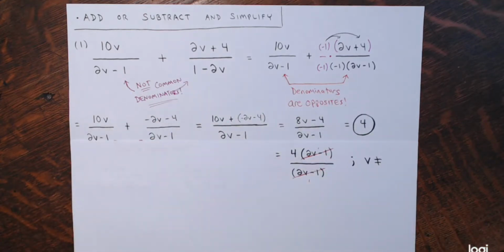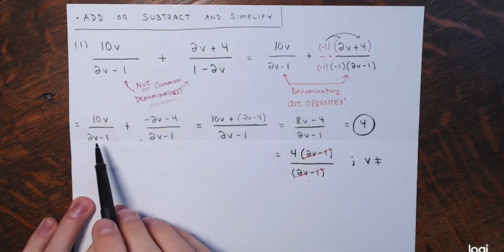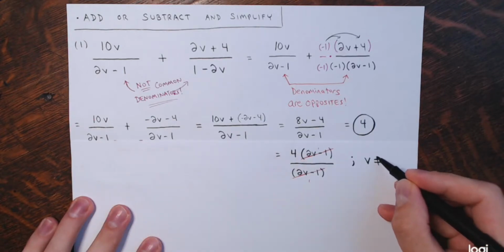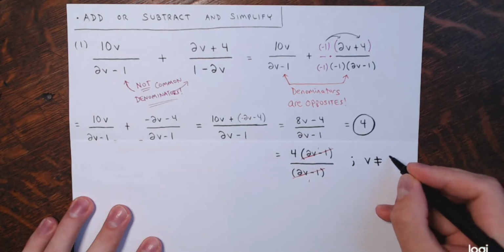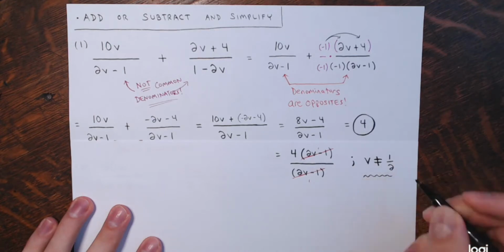Because if a denominator is 0, that means you're dividing by 0, and that's undefined. That's no good. So 2v minus 1, that's the factor I'm seeing in all these denominators. So that can't be 0. 2v minus 1 can't be 0, meaning that v cannot be a half.